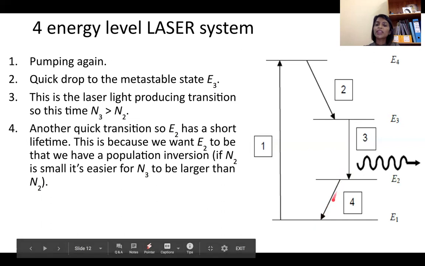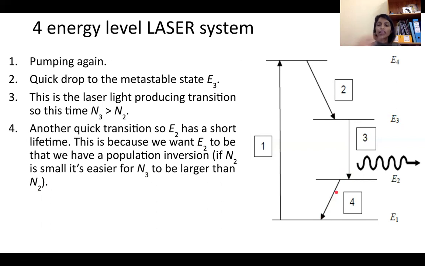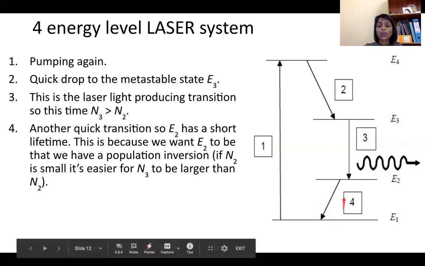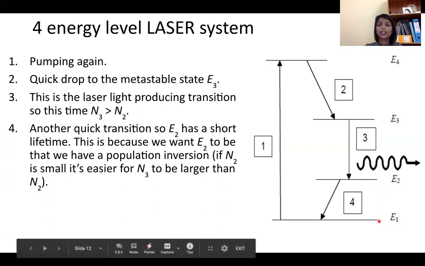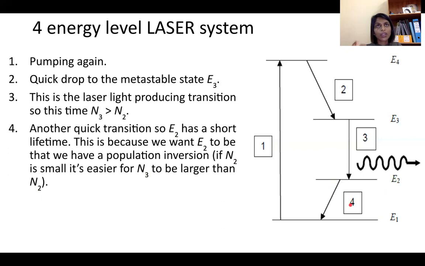And most probably this energy will be absorbed by the cavity, what do you call it, the cavity walls, most probably. So when we are constructing a laser system, this E2 to E1 transition is very critical, because these lost energies are absorbed by the cavity walls.